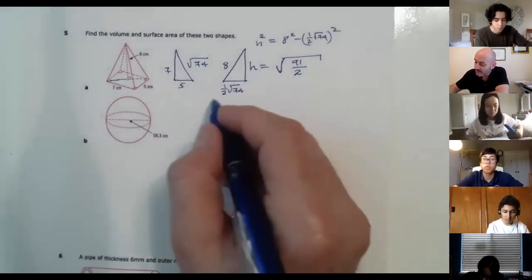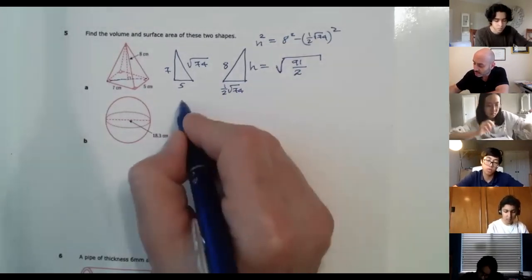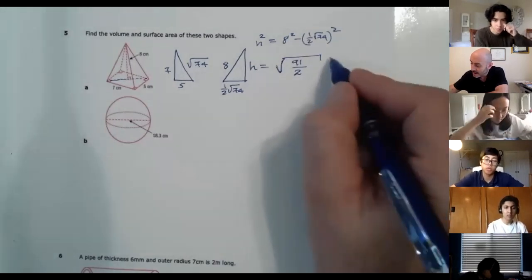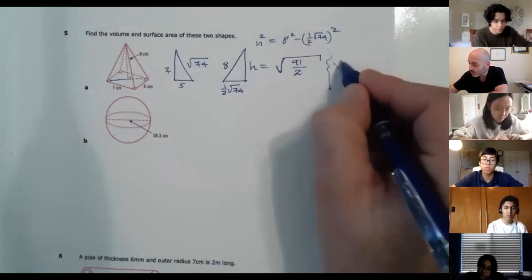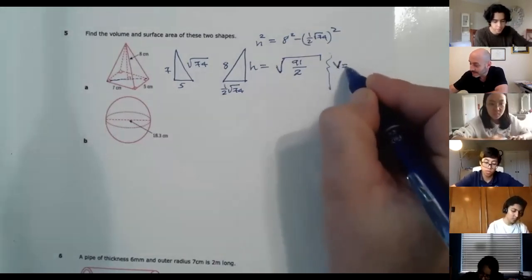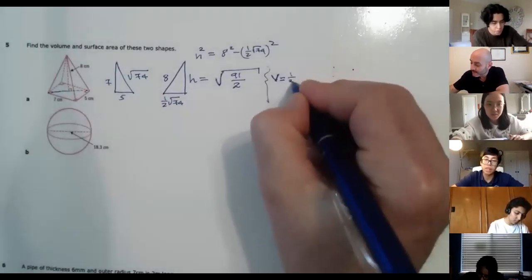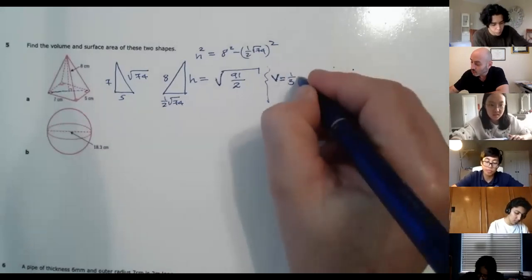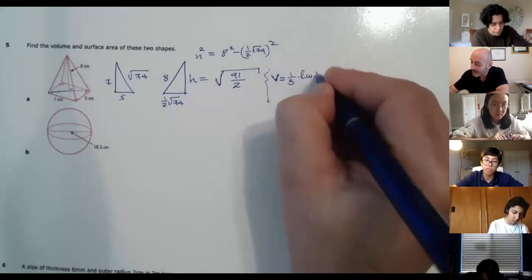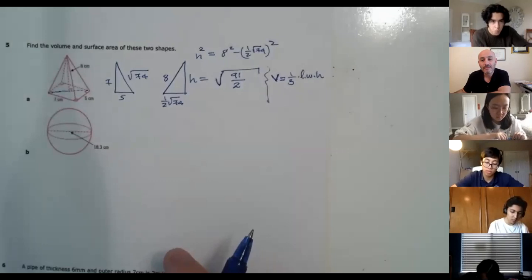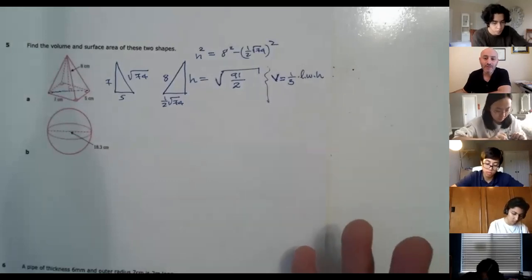So what is the volume for my pyramid? What's the formula for the volume of a pyramid? 1/3 multiplied by the base multiplied by the height. All right, so 1/3 length times width times height, right? And now we have everything.